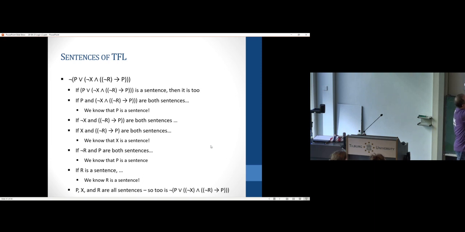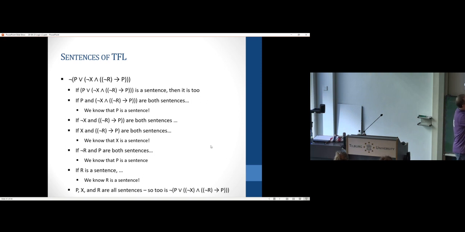Well, this is going to be a sentence if that thing is. Okay, this is going to be a sentence if that part and that part are both sentences. Basically, we're snapping it at the highest level of connection every time. And we know that's a sentence because it's an atom, and clause 1 tells us every atom is a sentence. So cool. Already done with that part.